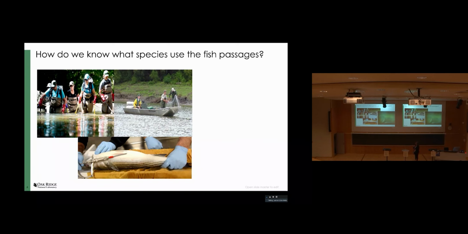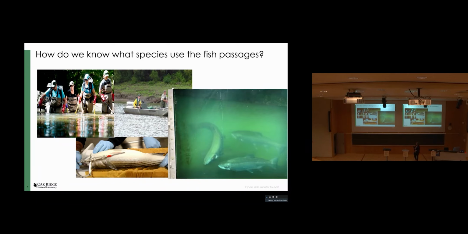There are also fish windows that can be installed inside ladders that allow for visual observation, species detection, and quantification. The problem with the first methods is that they are physical and hands-on.